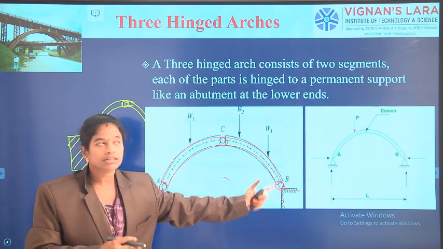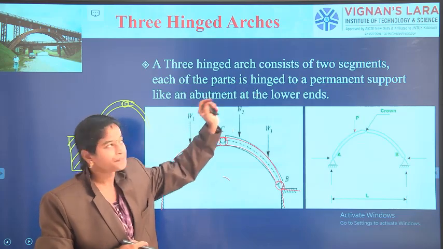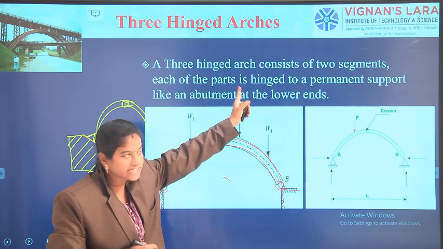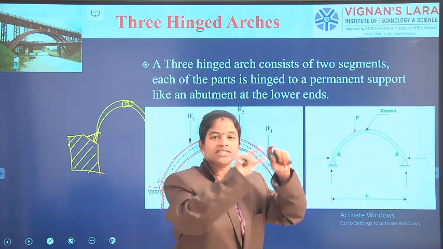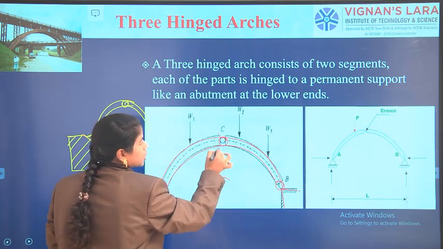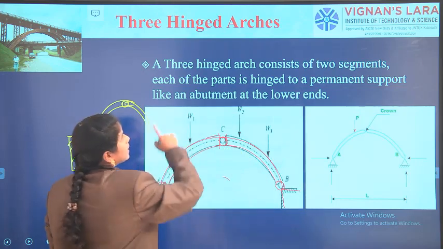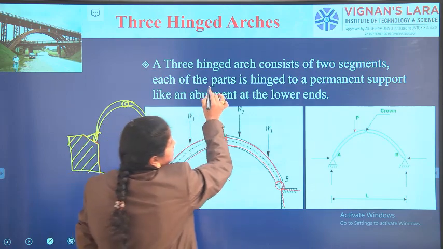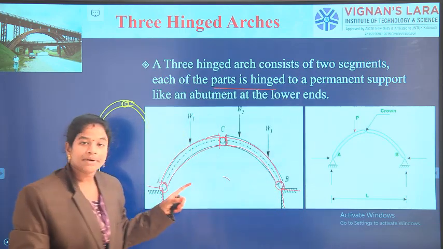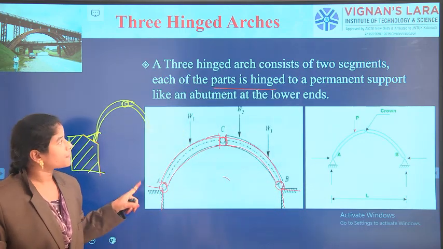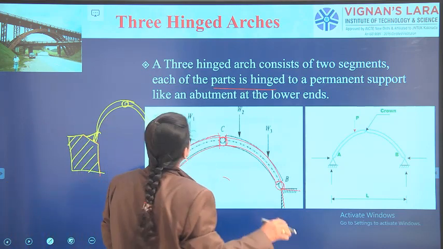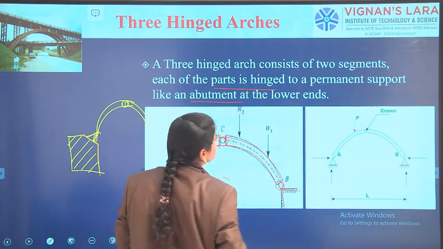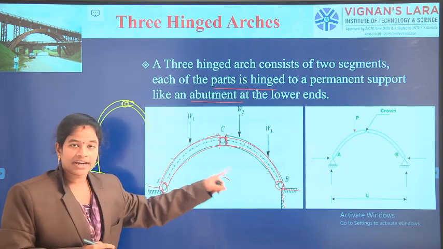So, only observe the main thing which is explained here. Okay. So, a three-hinged arch consists of two segments. Each of the parts is hinged permanently at the supports, which is nothing but an abutment at its lower end.